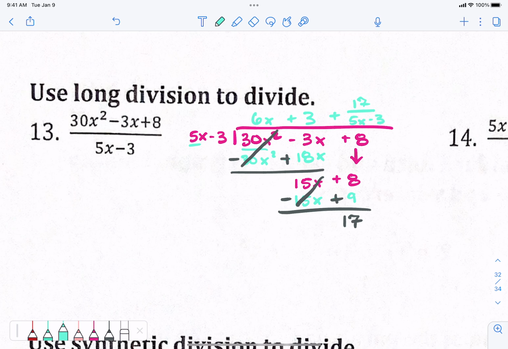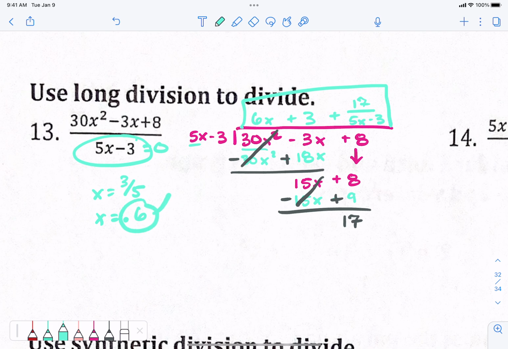Could you check your answer on this? We're dividing by 5x minus 3, right? If you set that equal to 0, add the 3 and divide by 5, x equals 3/5, which as a decimal is 0.6.